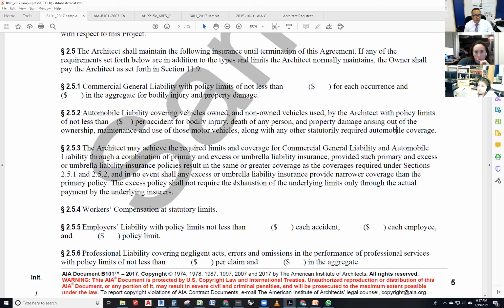I guess it's just saying that the excess should be more than the basic one, but you should not supplement it or change the limits of the other one. This is a lot of wordiness, but I think that's what it's trying to say.